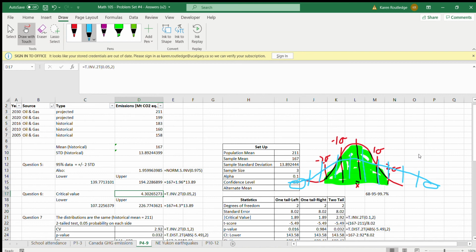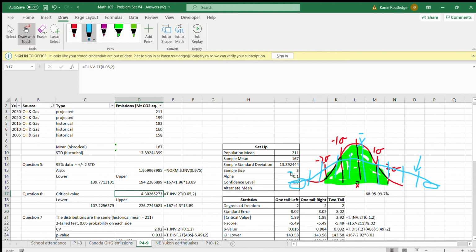So that critical value now tells us, again, how many standard deviations away from the mean, so this line here was our mean, how far away we have to move from the mean in order to have whatever our specified probability was left. So we wanted a total of 5% left, and that 5% still has to get split evenly on both sides.